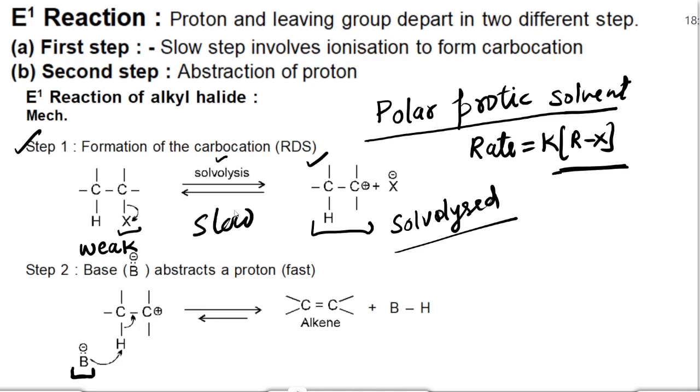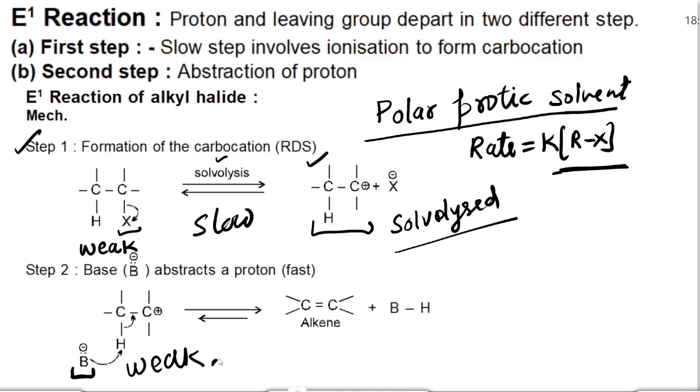Formation of the carbocation is a slow step. Now the base abstracts a proton. When the base abstracts a proton, it leads to the formation of an alkene, and the condition is that this base should be weak. Then only will it wait for the formation of the carbocation.